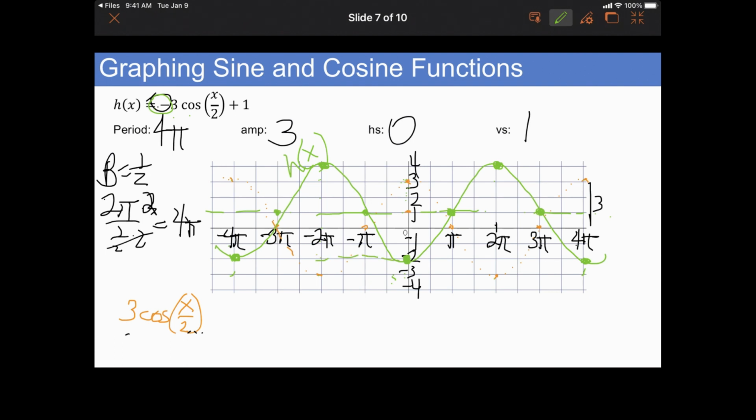So definitely that's an amplitude of 3. Our period is 4 pi, and we can see that from here to here. And we can see that everything moved up 1. Usually it would have been at -3, but it's at -2. Here would have been at 3, but now it's at 4. So we added 1 to everything. So just checking our graph in 2 full cycles.